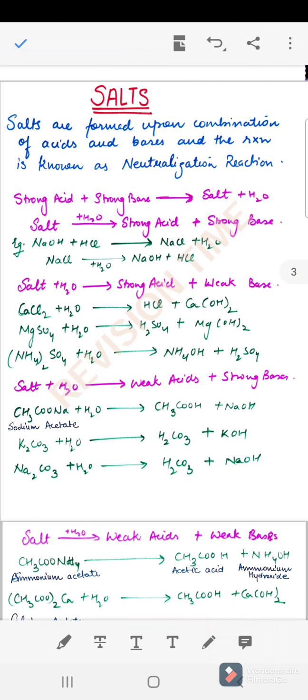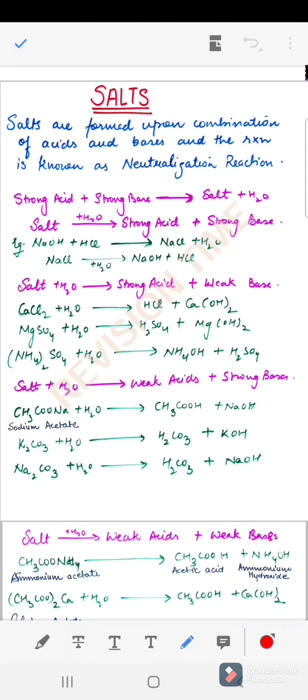Next, we have salts. We all know salts are formed through neutralization reactions upon the reaction of acid and base. So we have some situations when a salt is formed by a strong acid and strong base. That means upon dissociation it will produce strong acid and strong base, and this is the example.